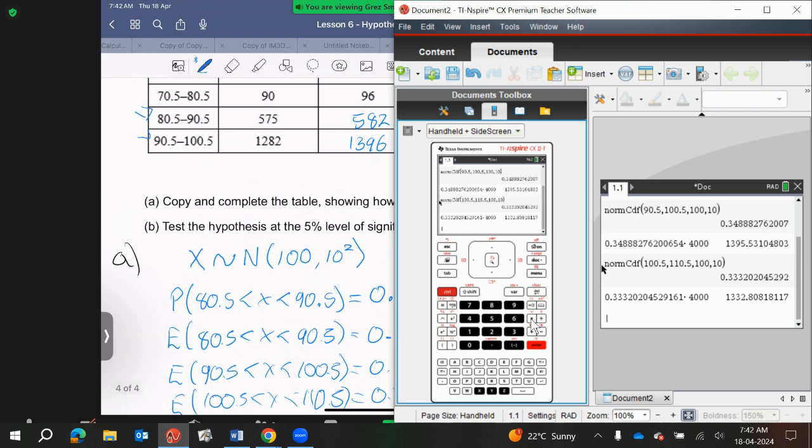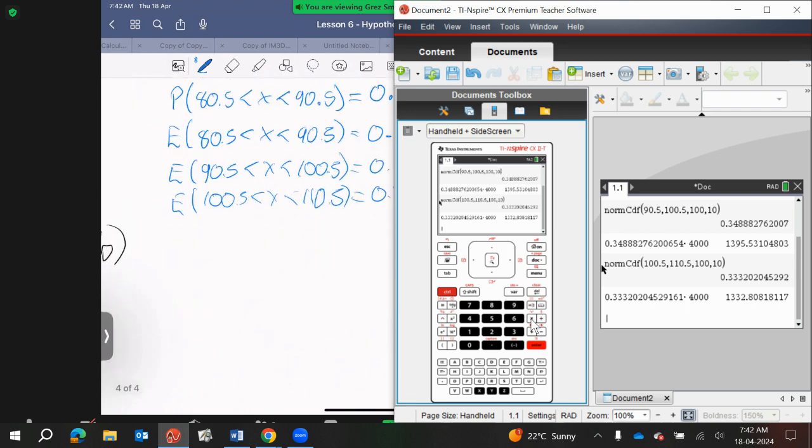First off, we need a null hypothesis: the students are normally distributed. And the alternative hypothesis: the students are not normally distributed.